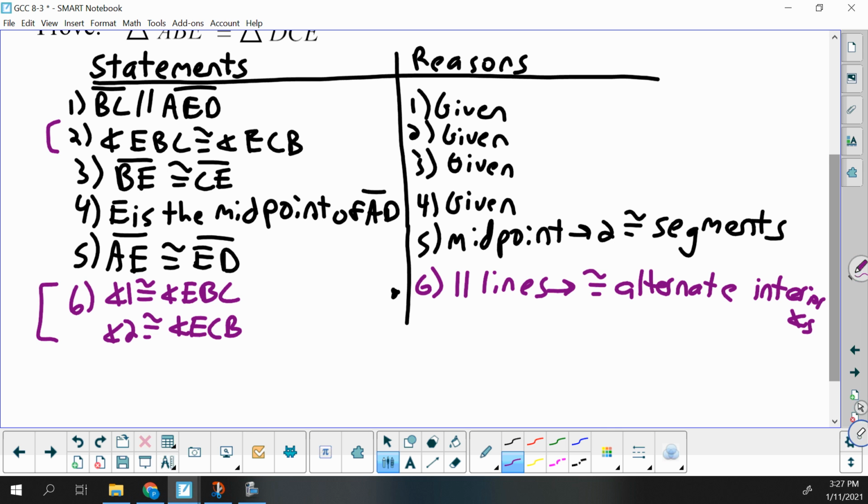Well, I want you to focus in on these two steps here. Notice in the first row of 6, 1 is congruent to EBC, and in 2, ECB is congruent to EBC. So then we can conclude from that that 1 is going to be congruent to angle ECB. And that's going to be by the transitive property.